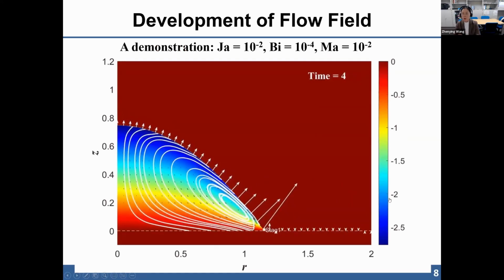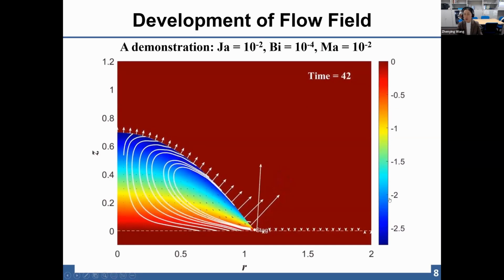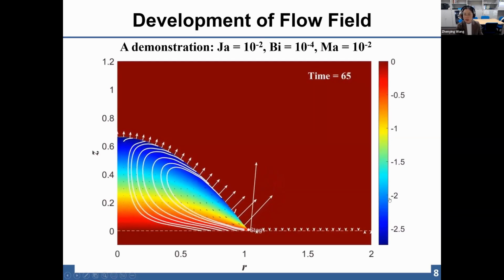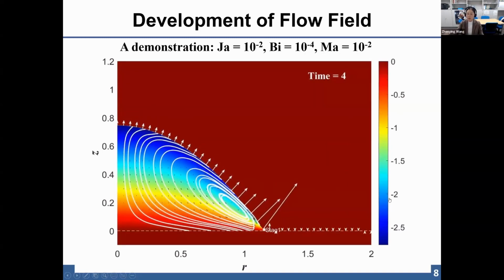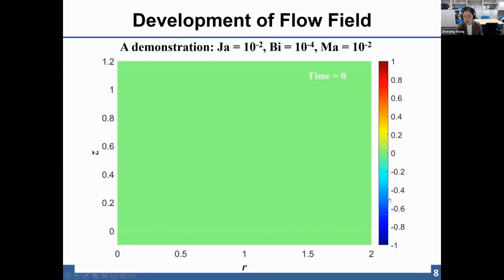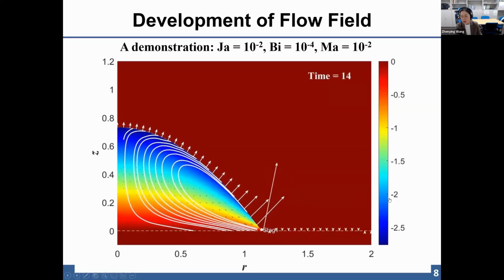This is a demonstration of how the flow field develops during droplet evaporation. At the very initial stage, when a droplet gets in contact with the solid substrate, you can see that there is an outward capillary flow. So at the very initial stage, it's capillary dominated.